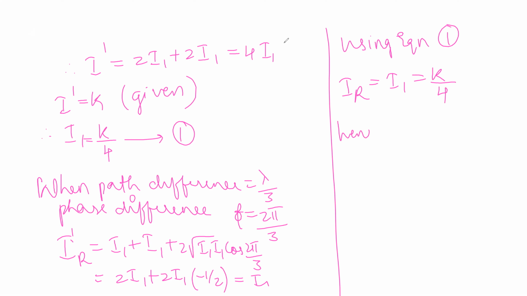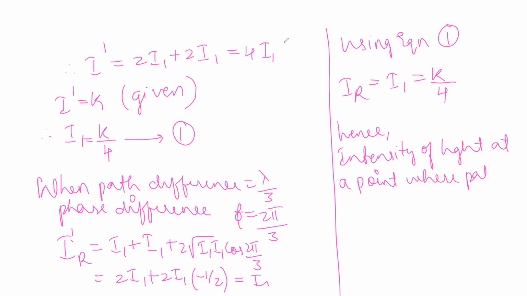Therefore, hence, the intensity of light at a point where path difference is lambda by 3 is K by 4 units.